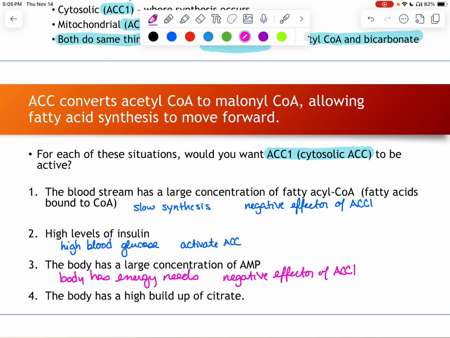If we have a lot of citrate, this really means that our energy needs are met, and our need for any sort of ketone body is met. So we want ACC to be active so we can store more of that, right? So we want this to be a positive effector. Speed up synthesis.